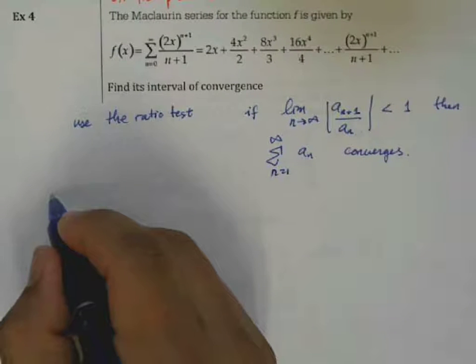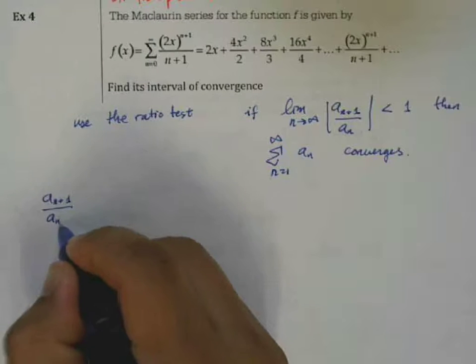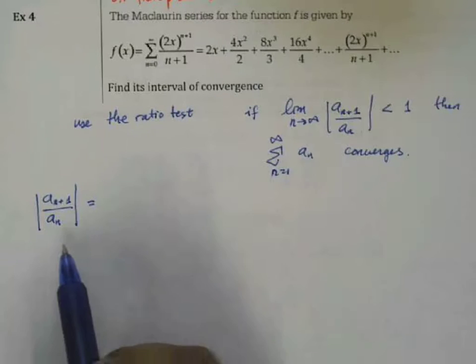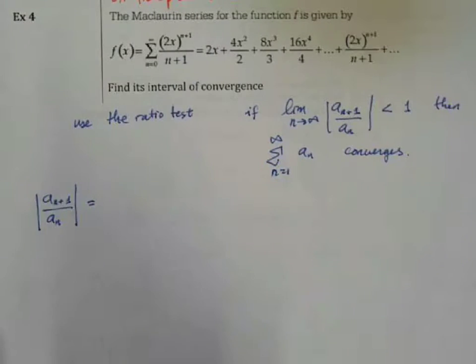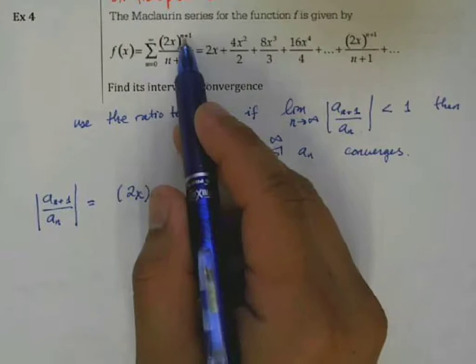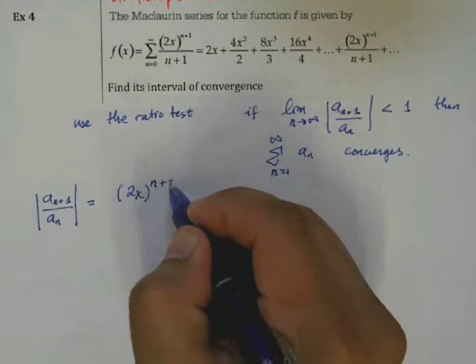So in this case, the absolute value of a sub n plus 1 over a sub n is equal to, and all we're going to do is take n plus 1 and substitute it into the general explicit form. I have 2x to the n plus 1 plus 1, so it's going to give me n plus 2 in the numerator there.